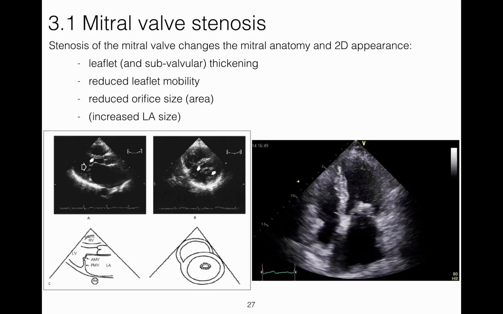The leaflets and subvalvular apparatus become thickened, the leaflet's mobility is reduced, the orifice area is reduced, and secondary to stenosis, the size of the left atrium increases.